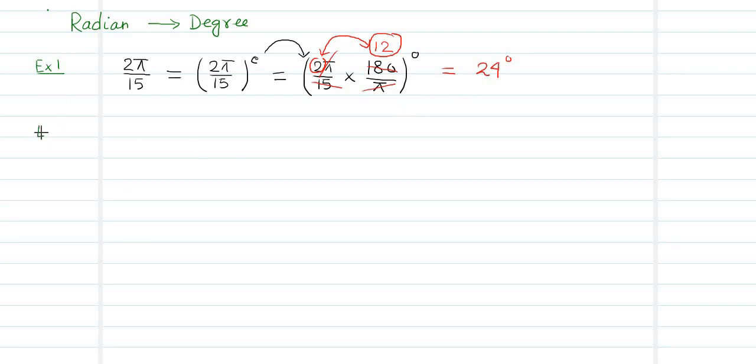Second example, minus 5 pi by 6. Now this is a negative angle, that is same as minus 5 pi by 6 radian.